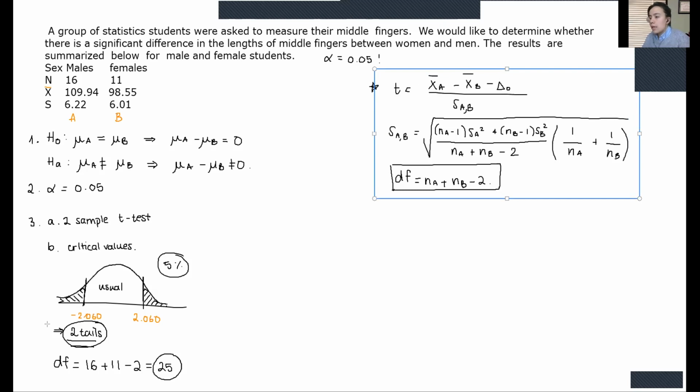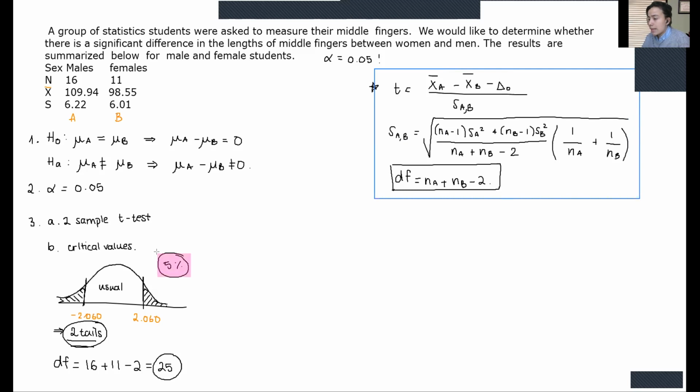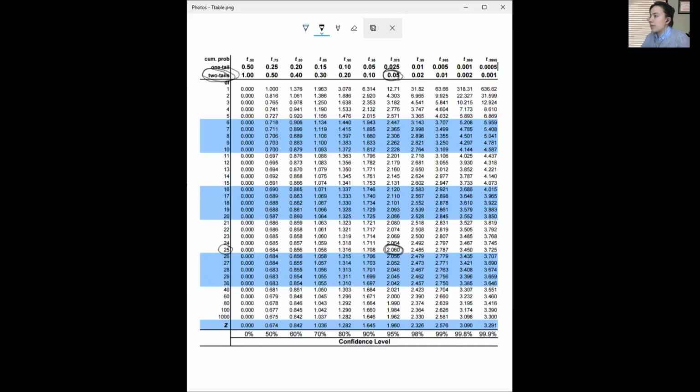Sure. So important parts to remember when I go to the t-table is I have my level of significance. I have the fact that this is a two-tailed test, which means that I'm looking at both larger than or smaller than. And I have the degrees of freedom, which is 25. Okay. So if I go to the table, I start by finding two tails. So that means this number over here, I'm going to go to two tails.